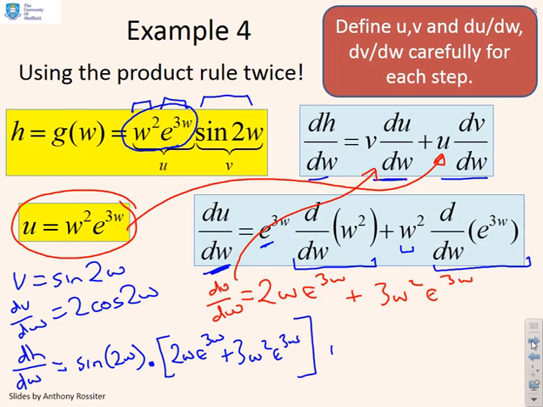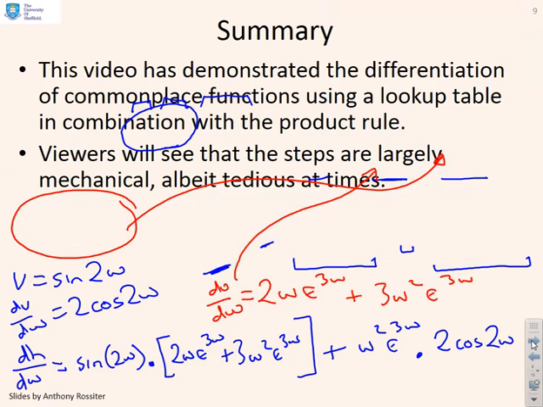And then we get plus u, which is w squared e to the 3w, times dv dw, which is 2 cos 2w. And you'll see it's not actually that difficult if you keep a clear head. But this is a case where I've had to use the product rule twice.